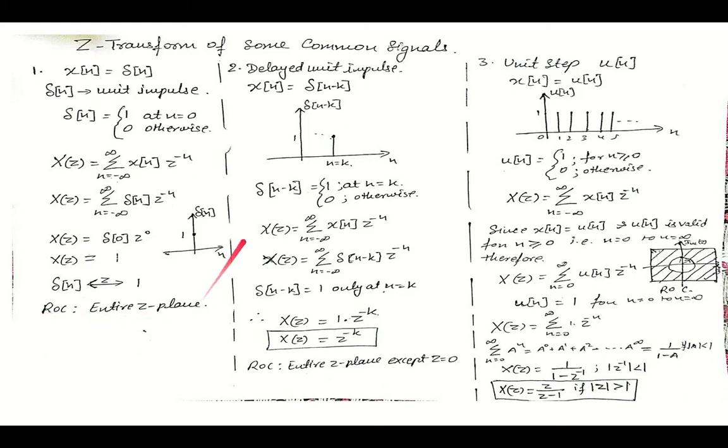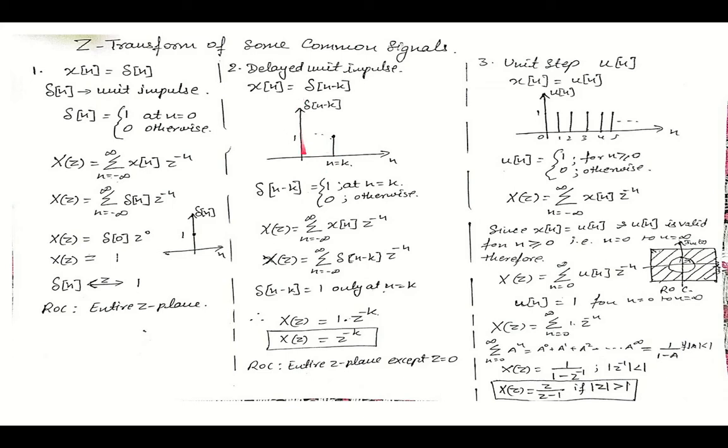Next is the delayed unit impulse. It is represented by δ[n minus k]. Here we have produced a delay of k in the unit impulse. It means that this signal will have a value of 1 only when n is equal to k.